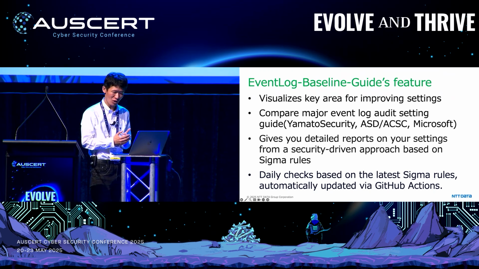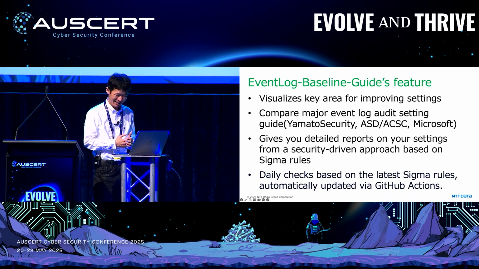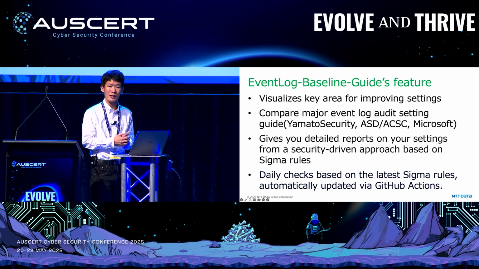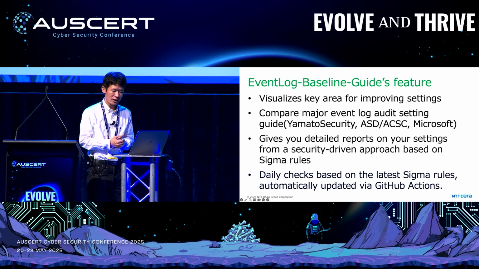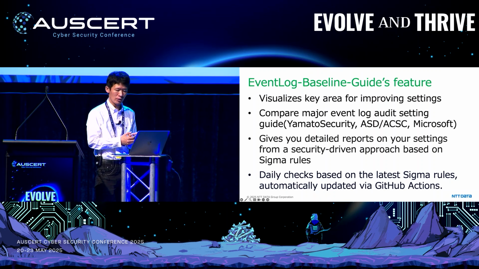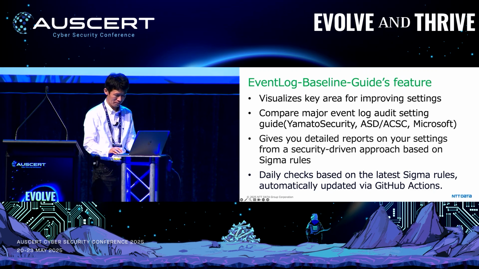It compares and measures event log audit settings against guides like Yamato Security, ASD or Microsoft. It gives you detailed reports on your settings from our security-driven approach based on Sigma rules. Also, daily checks based on the latest Sigma rules are automatically updated via GitHub Actions.